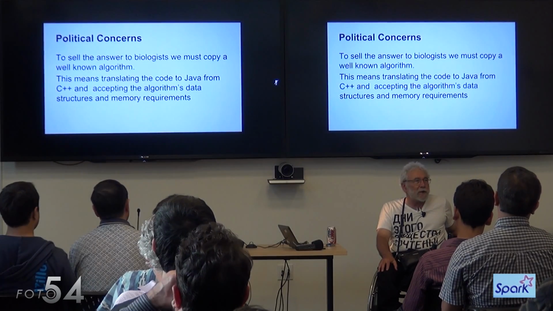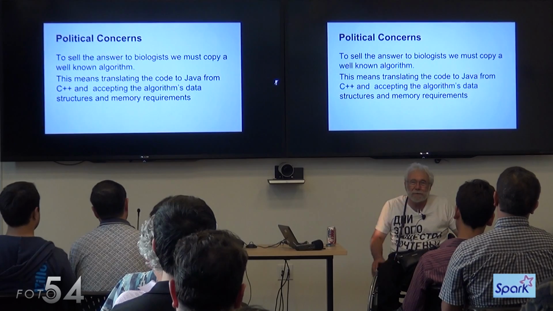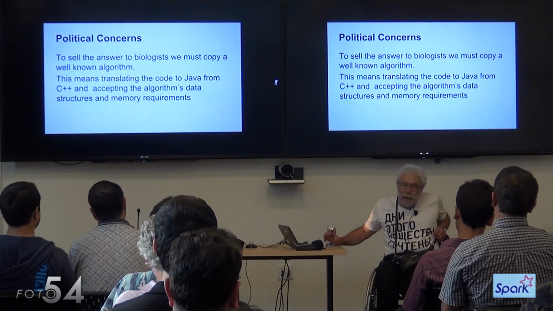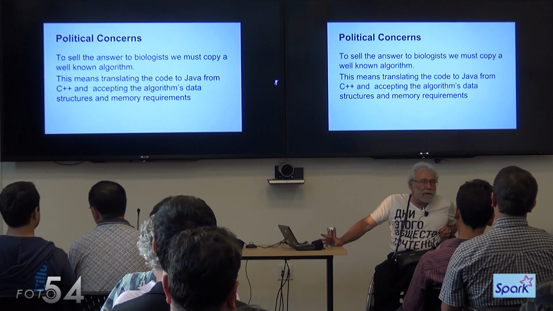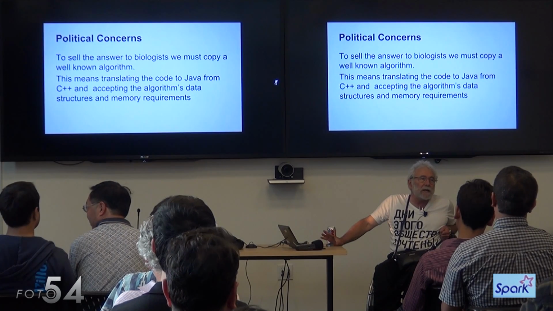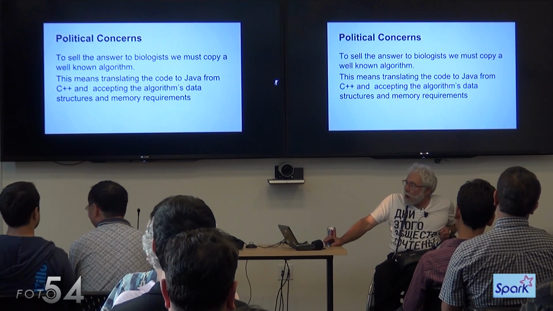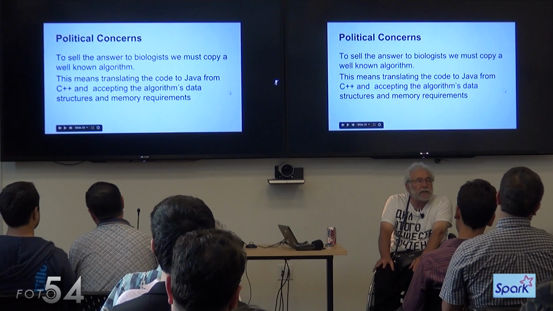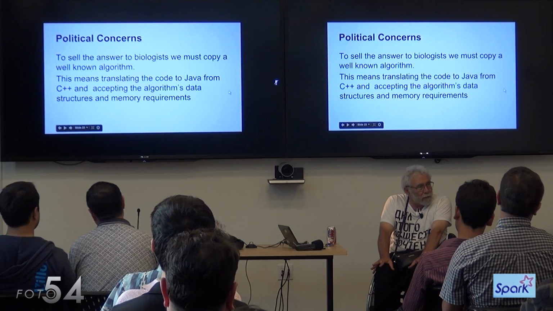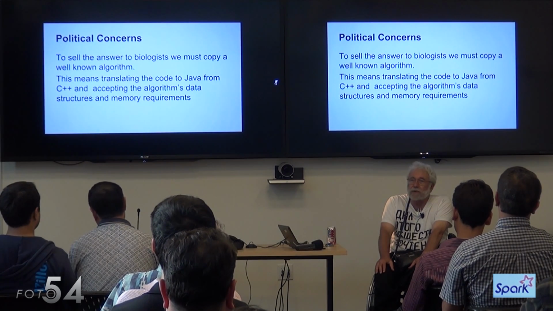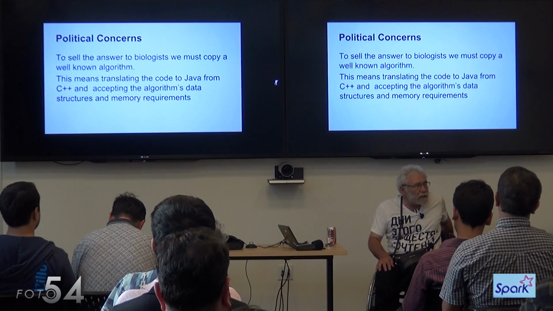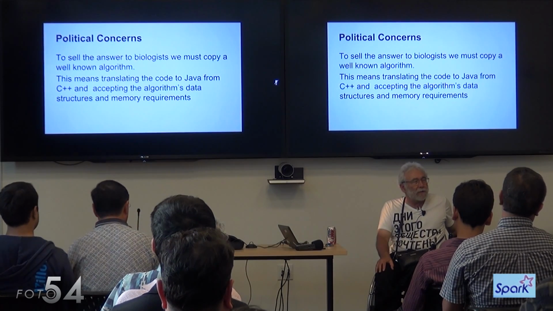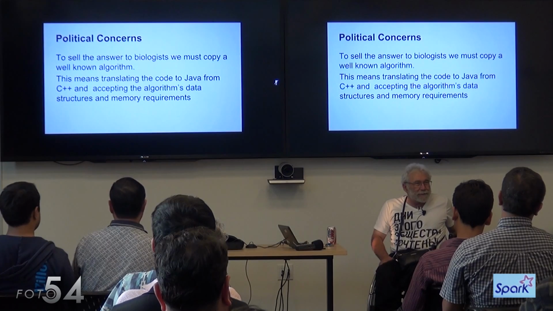Anybody who's ever seen code written by a biologist knows what I'm talking about. So I ended up taking one of the better written programs and translating it into Java. I had to accept some constraints in terms of the way it handled memory and how much memory it was going to use, because if I didn't use the biologist's algorithm, they weren't going to believe the results.